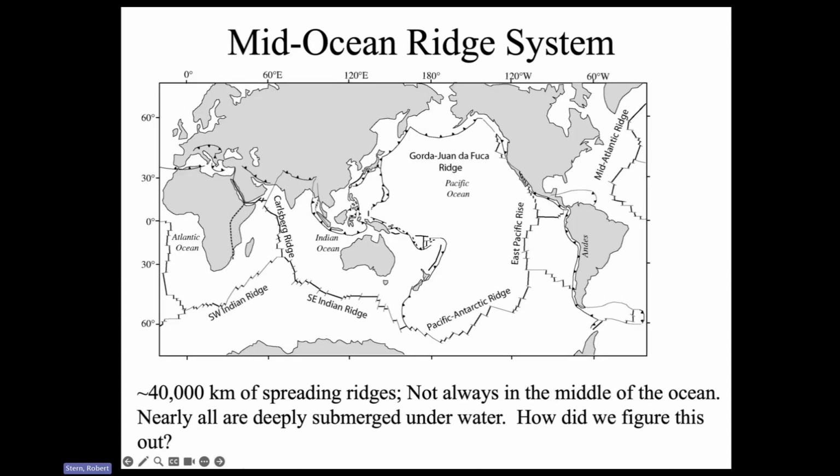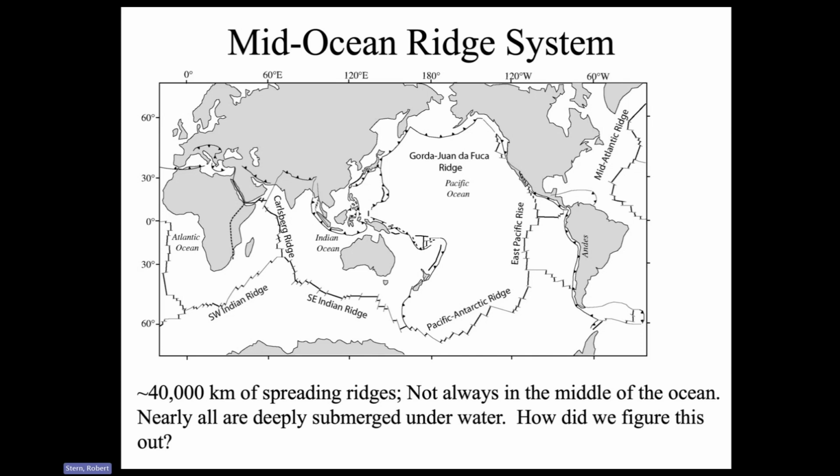All right, so this is the mid-ocean ridge system, and you can see it's named after what's in the Atlantic, because in the Atlantic, the spreading ridge, the divergent plate boundary, is right in the middle of the ocean. That's not true in the Pacific. It's mostly true in the Indian.